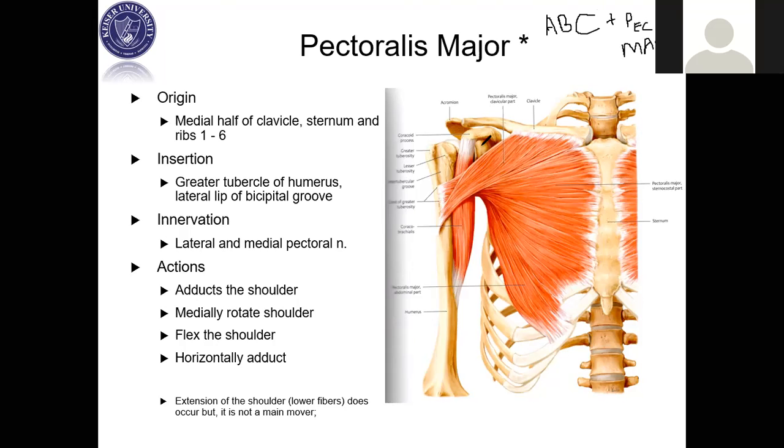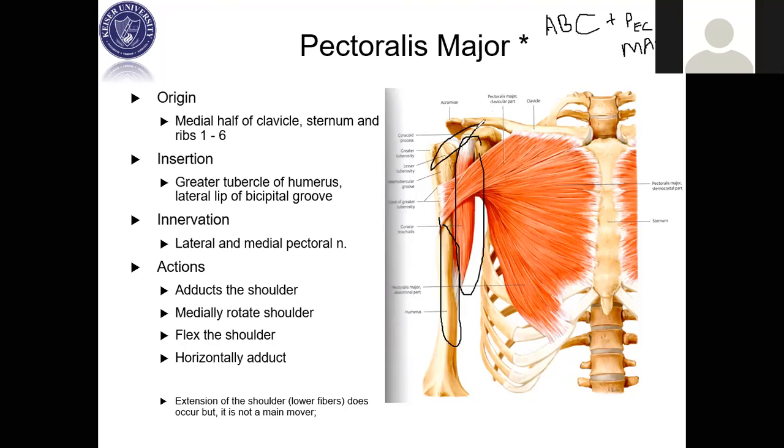Here's the coracobrachialis right here, coming off the coracoid process and attaching to the humerus. The biceps would be right here. And anterior delt actually comes from here and attaches here on the humerus at the deltoid tuberosity. So all four of those muscles perform shoulder flexion, A, B, C, and pec major.